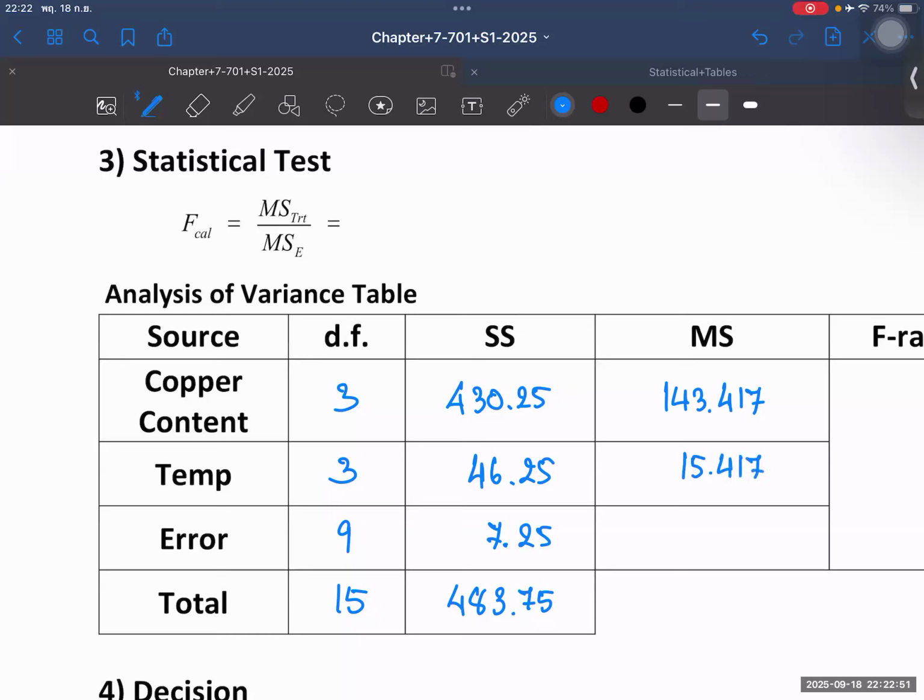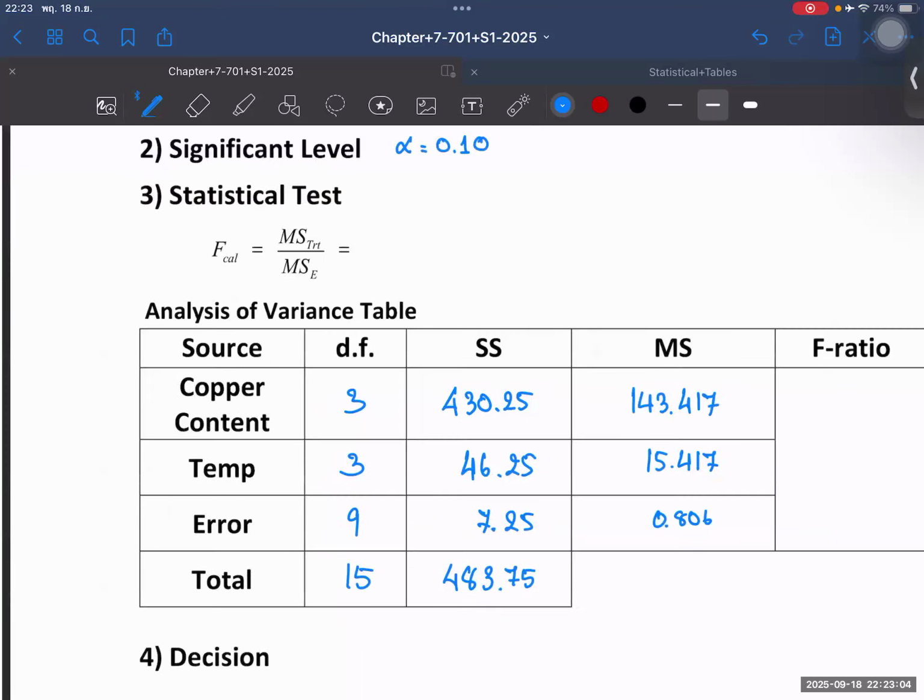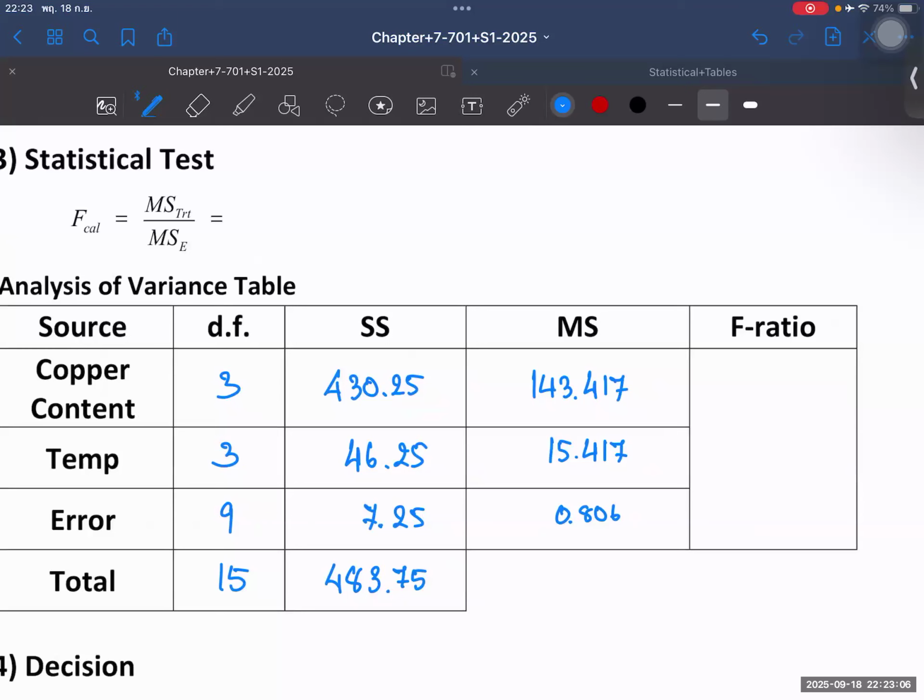And the mean square of the error. Okay, for the F1, this is the mean square error.